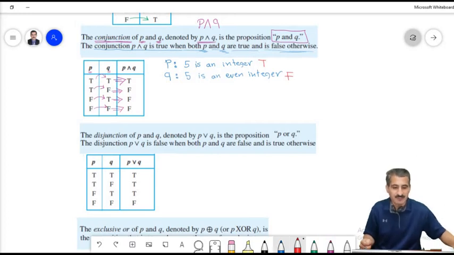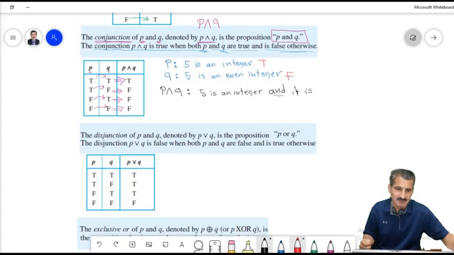Okay, now P and Q represent the following statement. 5 is an integer and it is an even integer.